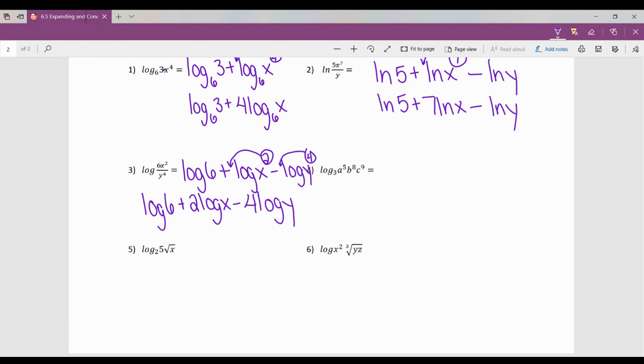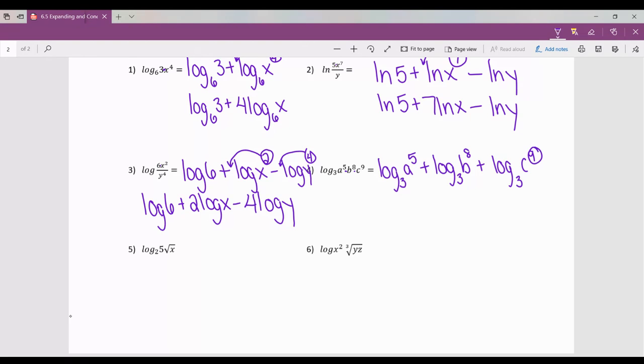All right, so number 4, we've got a to the 5th times b to the 8th times c to the 9th. So that's log base 3 of a to the 5th plus log base 3 of b to the 8th plus log base 3 of c to the 9th.